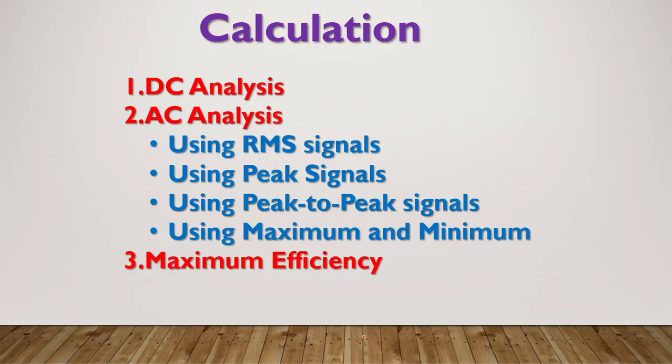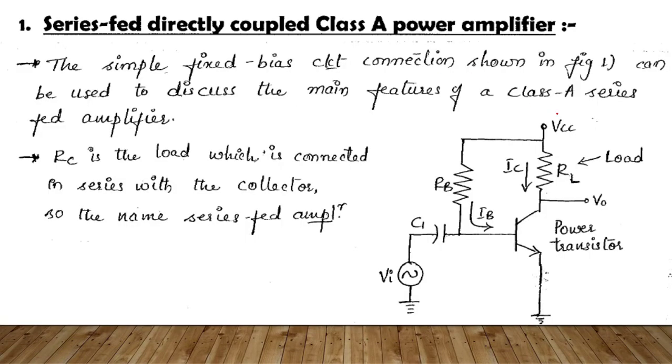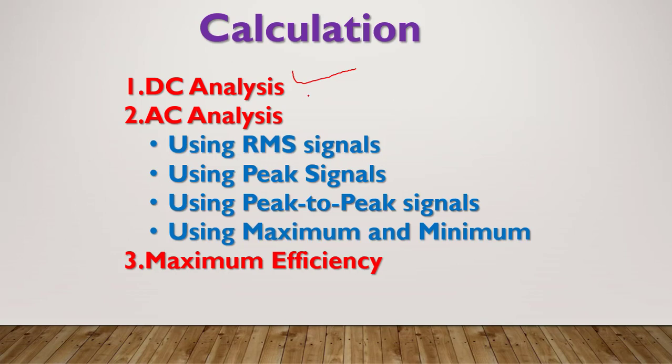Now what are the things we discussed? We discussed what DC analysis is, that is nothing but input. Why is DC analysis input? Because in this circuit the input is given from VCC, and output we always take from V naught, in the form of a sine wave. So this is AC and VCC is always DC. So DC is input and AC is output. DC analysis is input analysis, AC analysis is output analysis.